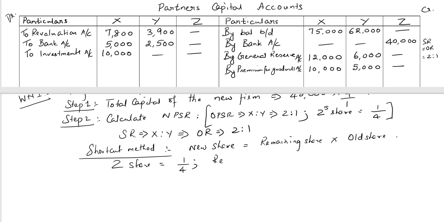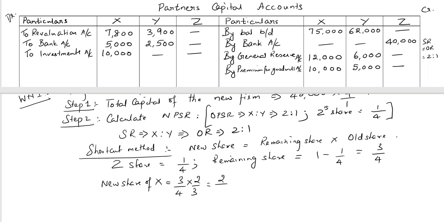Therefore, the remaining share is equal to 1 minus 1 divided by 4, or in other words 3 divided by 4. New share of partner X is equal to the remaining share 3 divided by 4 multiplied by old share of X, which is 2 divided by 3, comes up to 2 divided by 4.